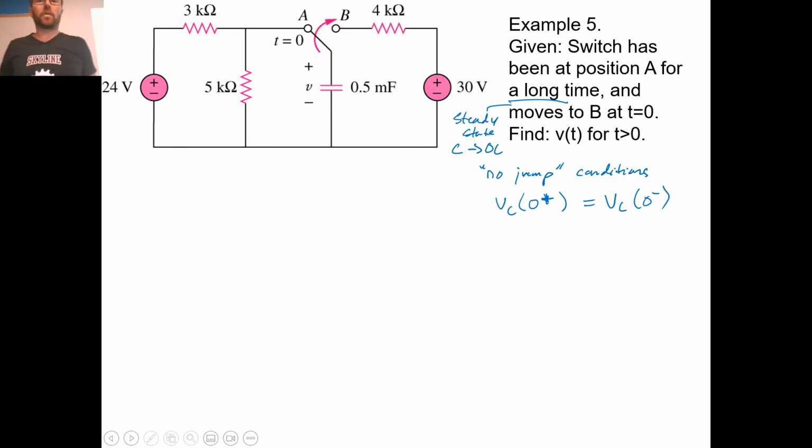All right, so let's put pen to paper, or stylus to screen. Should we logically work it out without math? So just with math, but without hard math. Looking at the fact that it's currently on the 24 volt circuit, use the voltage there to find VC of 0 minus, which must also be VC of 0 plus.